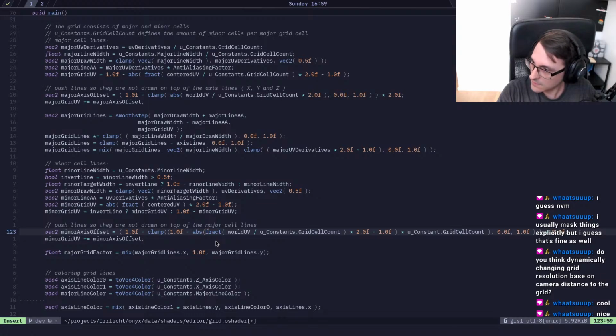Absolute. 1 parenthesis closed. Times 2 minus 1. 1 parenthesis closed. Another one closed. Times this. Then we don't close that.